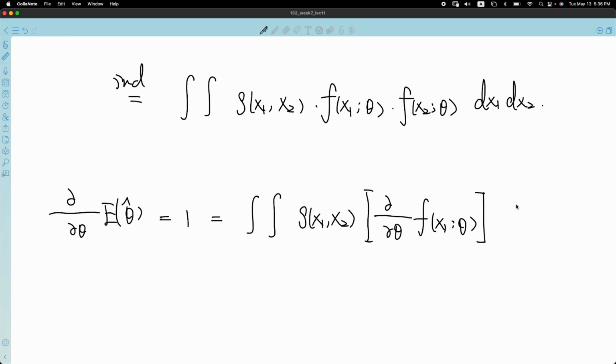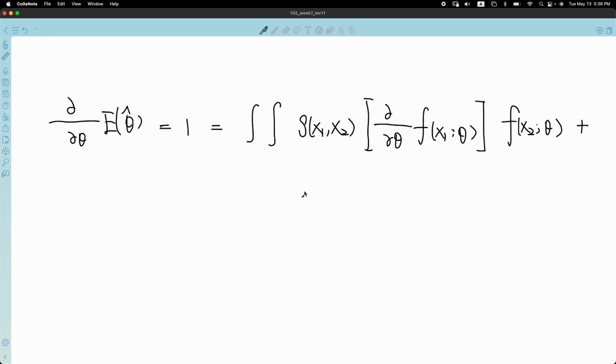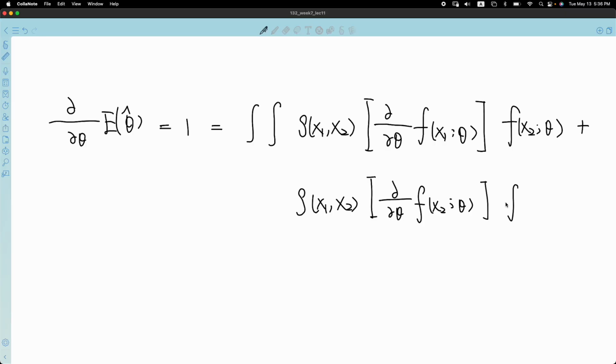This is where the product rule comes from. Plus g of x1, x2 times the derivative with respect to the second part, f of x2, keeping the first part as it is, and then you multiply by that. This is just the product rule when you take the derivative.